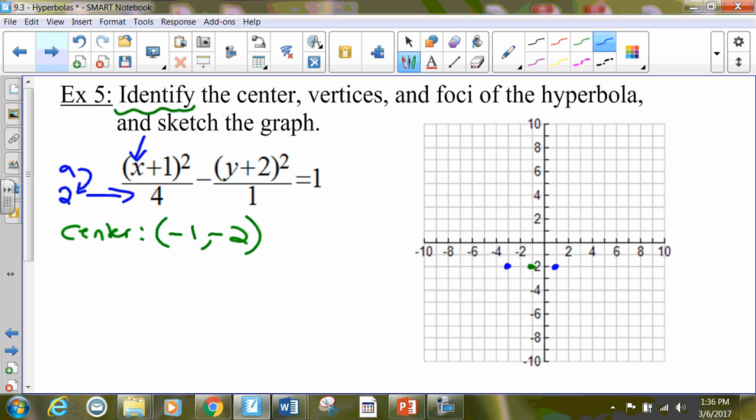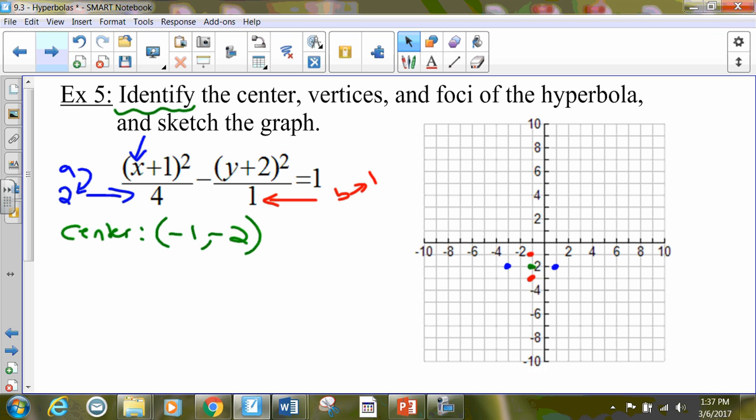So I've got that, and now I need to find the points to build my box, and the box comes from this number. If b squared is 1, then b is 1, and that means I'm going to find my box, up 1, down 1. Once again, these points are midpoints on each side of the box.